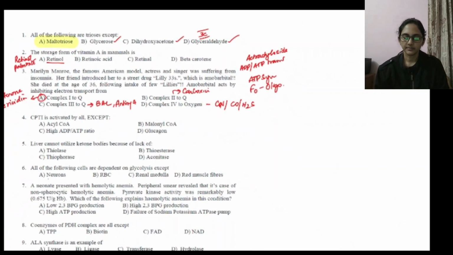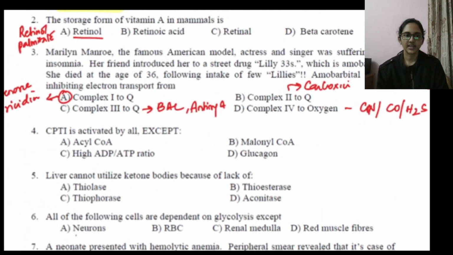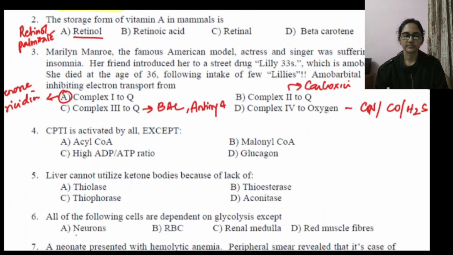Now, CPT1, carnitine palmitoyl transferase, is activated by all except malonyl CoA. Yes, it is malonyl CoA. For fatty acid oxidation, the rate limiting enzyme is CPT1.